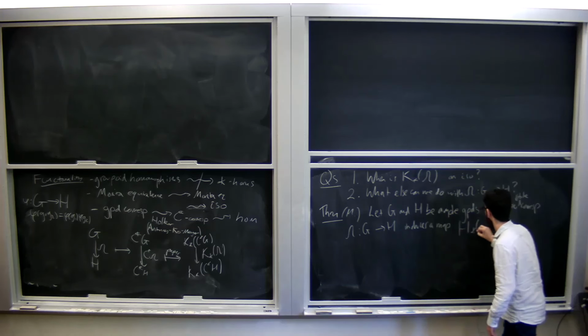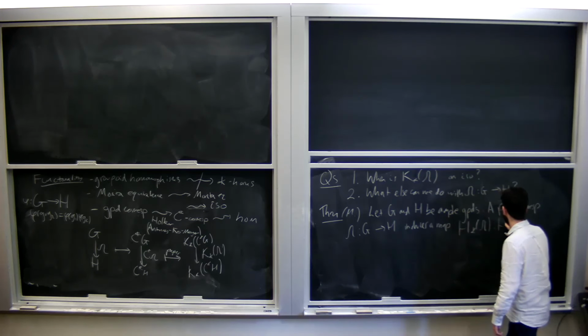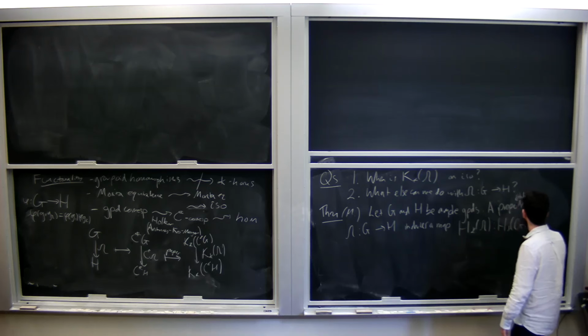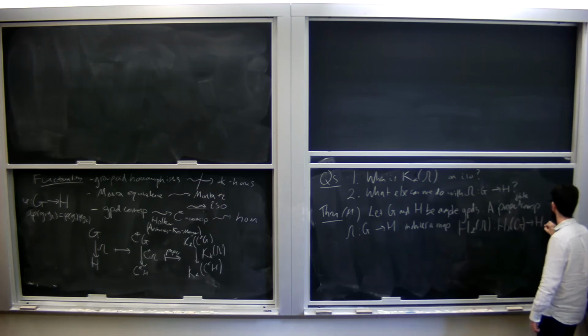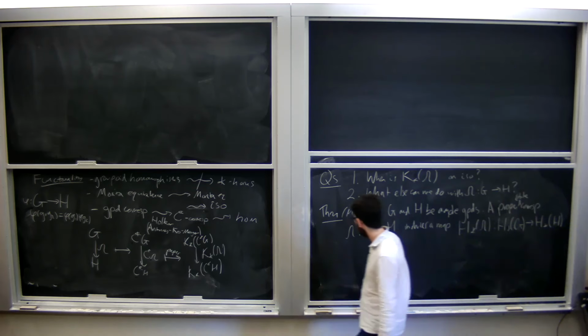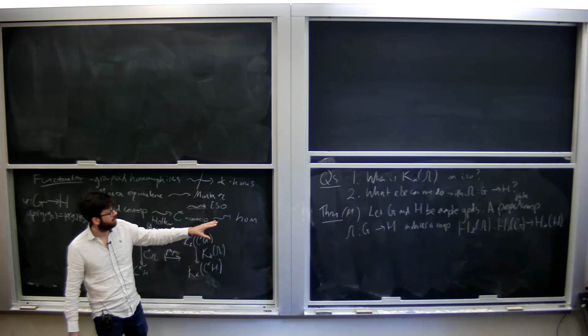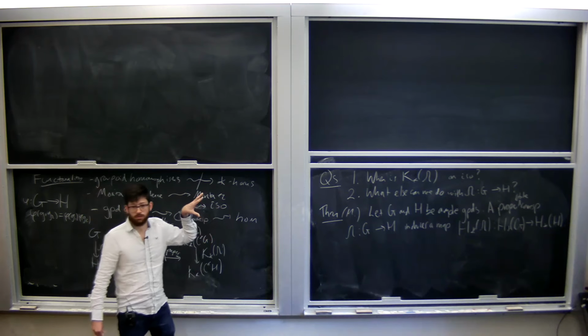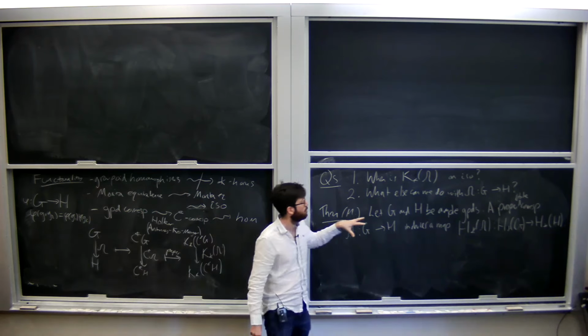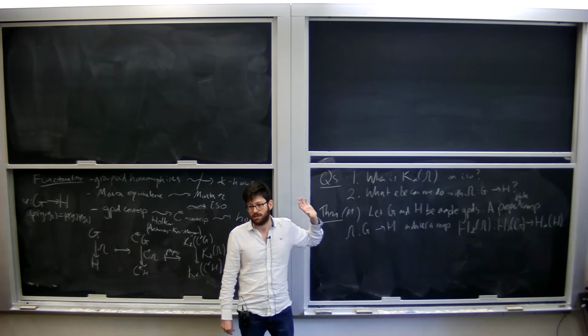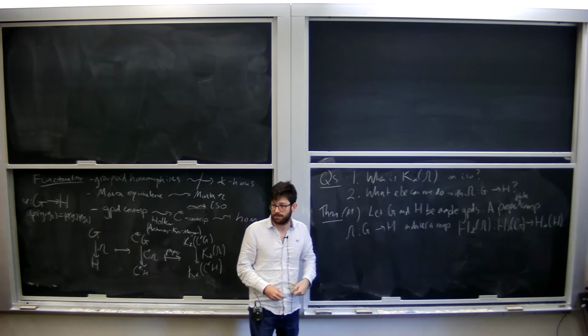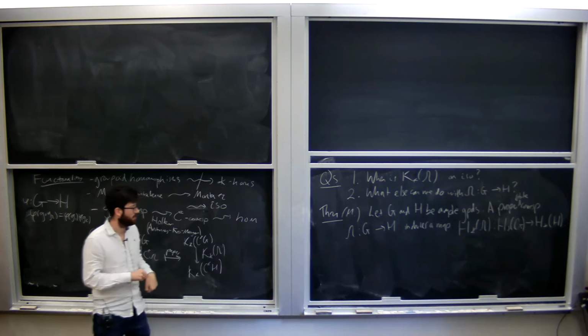We're going to call that H star of omega. And because this is functorial, this will recover the result that the homology of ample groupoids is invariant under Morita equivalences.